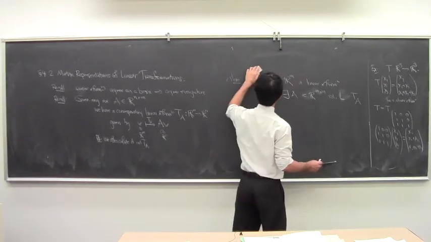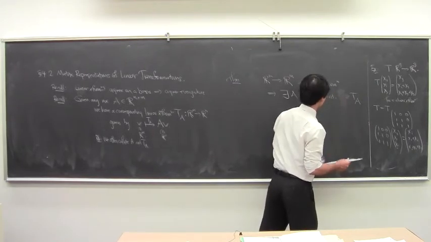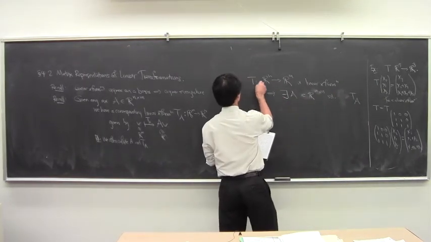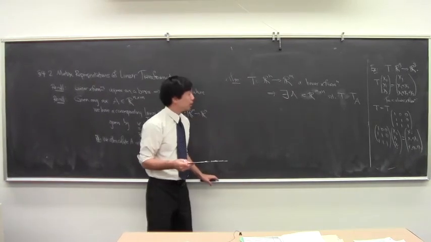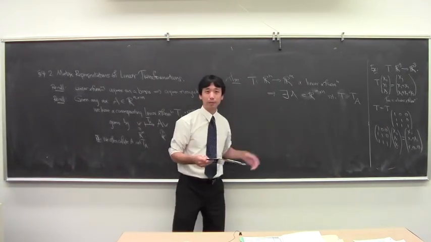It's actually more complicated. Now I'm going to change this back to the notation that I have in the notes. So how do we find the matrix?